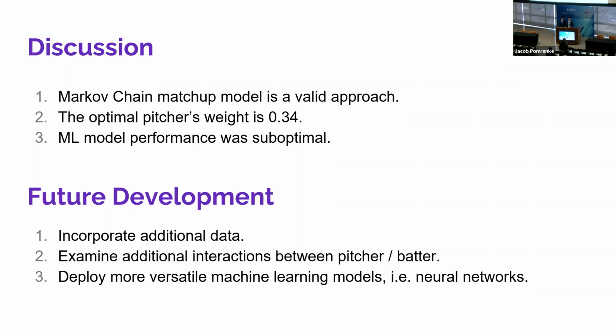So we're missing a lot of unique characteristics between a specific batter and pitcher. If we can capture those, that will hopefully make the model better. And lastly, of course, we would want to deploy more versatile machine learning methods that could potentially capture the very complex relationships between these transition probabilities, for example neural networks, and then see what they will do.